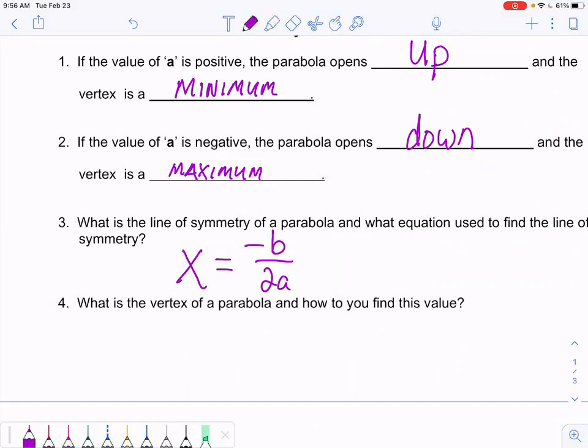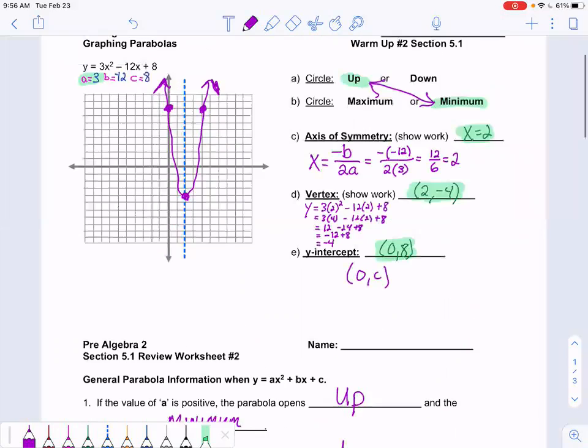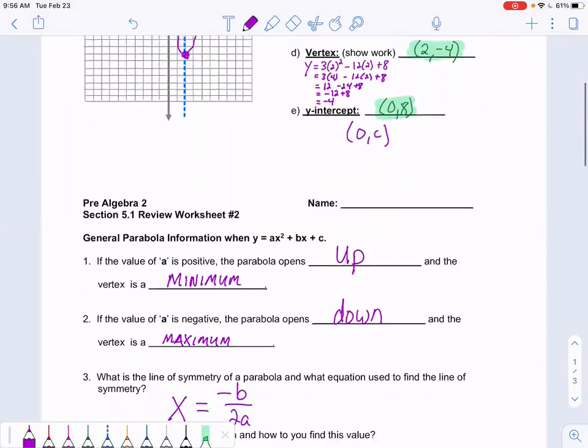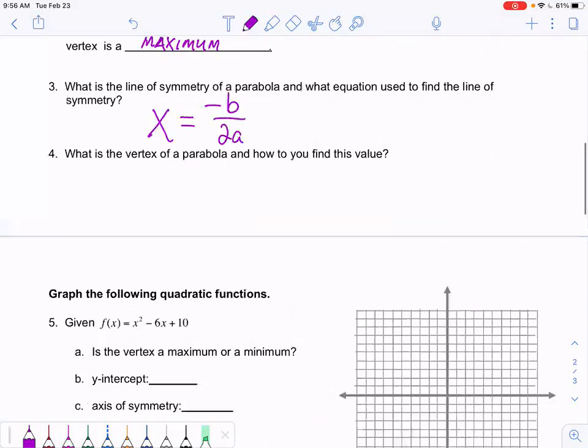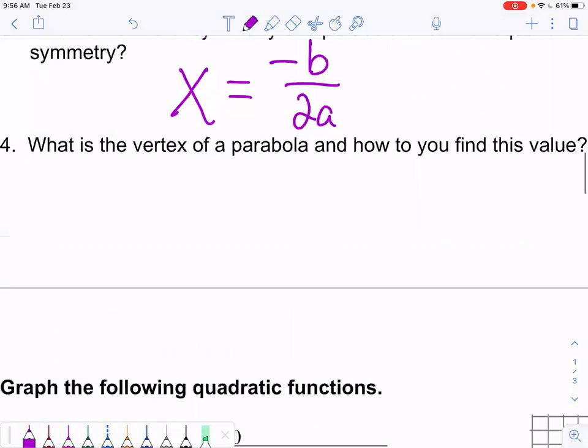And the vertex of the parabola, so if we look up the vertex, what did we do? The vertex of the parabola is at x and y.